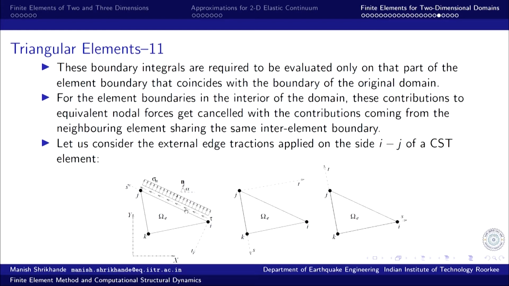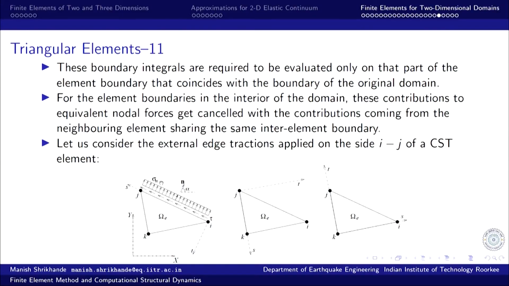This is where we need to calculate the secondary variables, and they will be evaluated for the 2 nodes i and j. They will be evaluated as the forces that are going to be equivalent nodal loads on the element at nodes i and j.